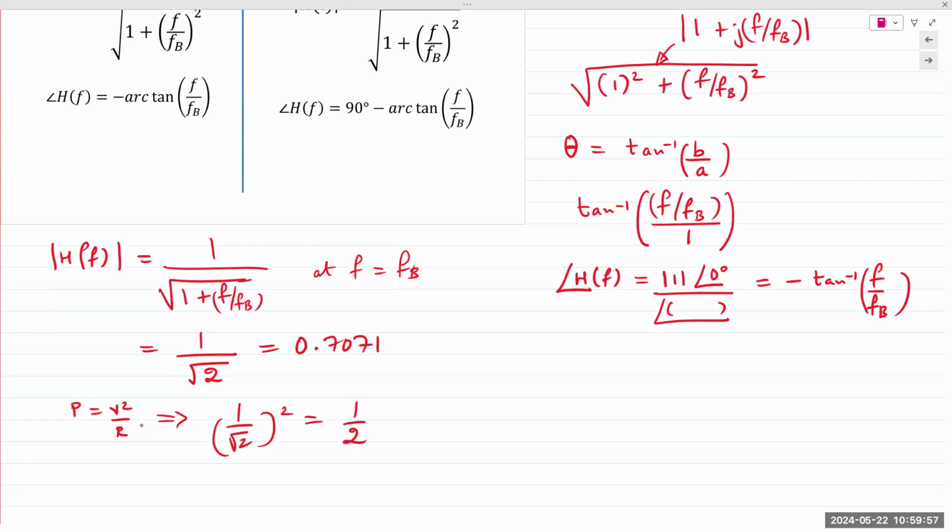So at the cutoff frequency, the voltage, or the magnitude of the transfer function, drops to 70%, but the power drops to 50%, 1 over 2, 1/2. Hence, these are also known as half power frequencies. Okay, half power frequencies.